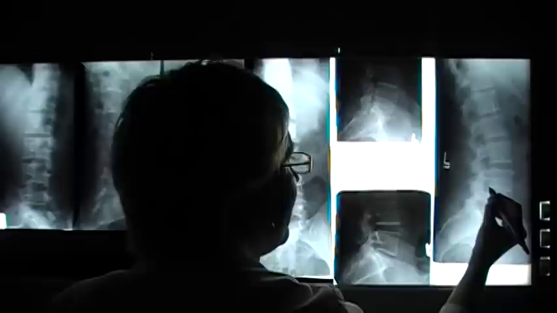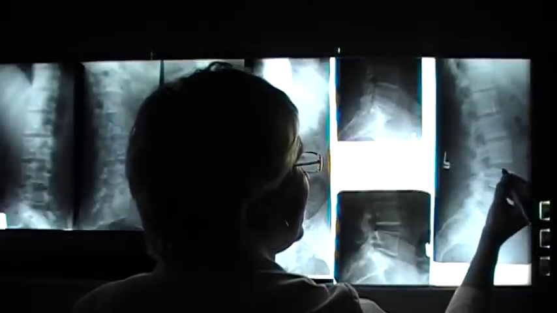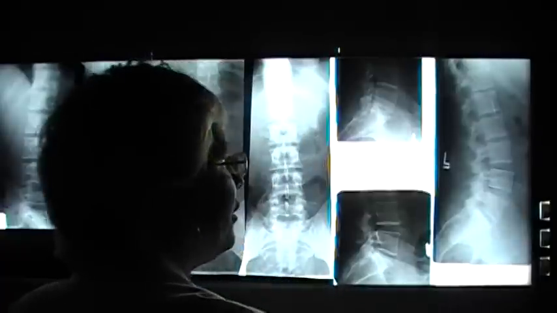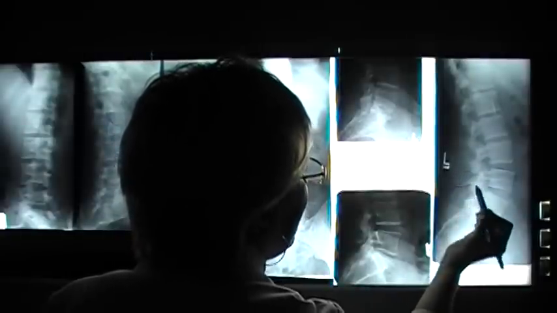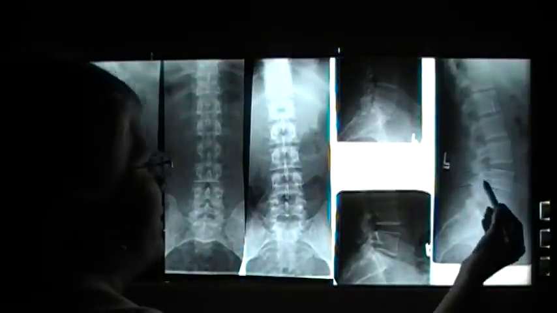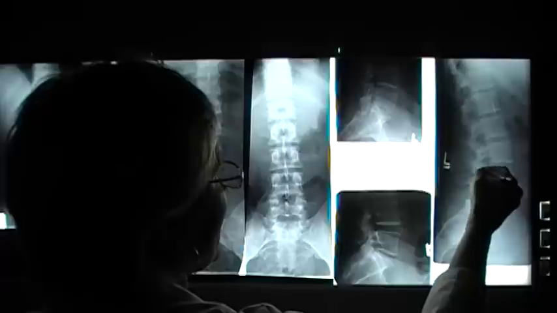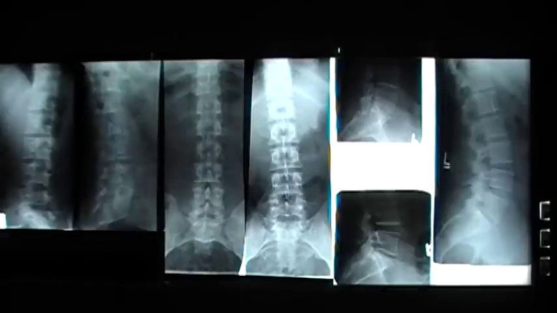I'm going to draw out here. This is the vertebral body. This area of bone right here, that's your pedicle. Your spinous process is right here. And then the transverse process in the lateral kind of gets lost. You don't see it very well as you do on the AP.